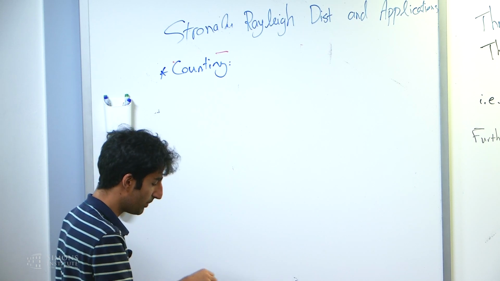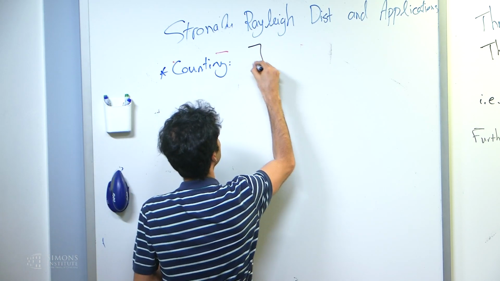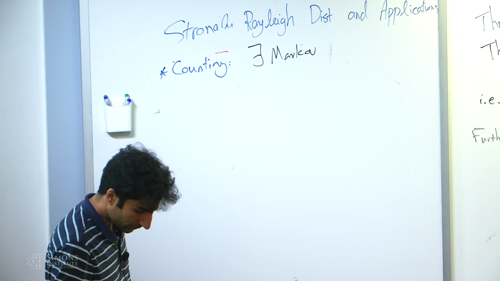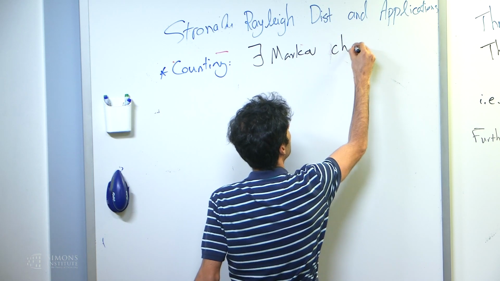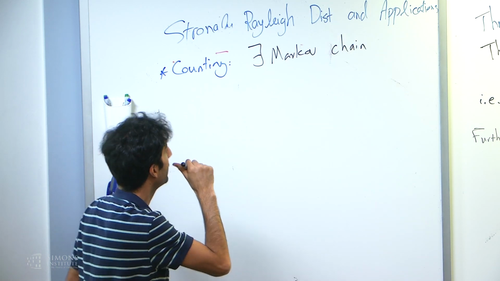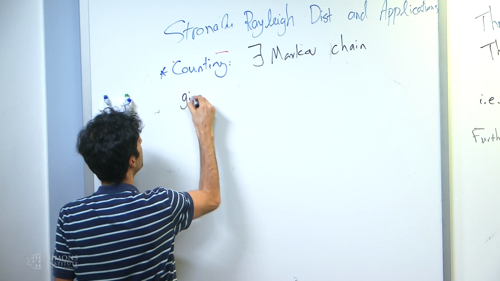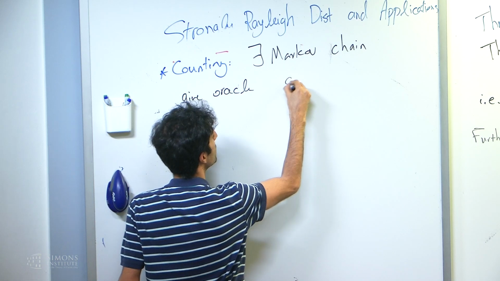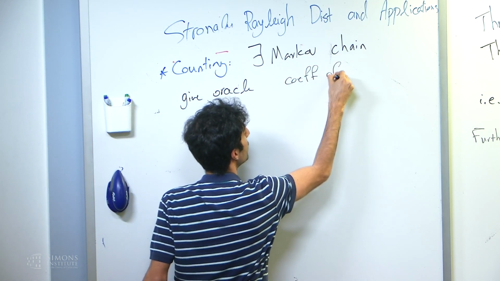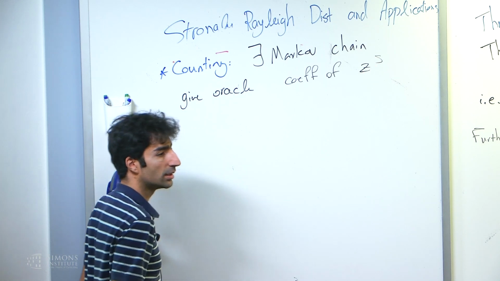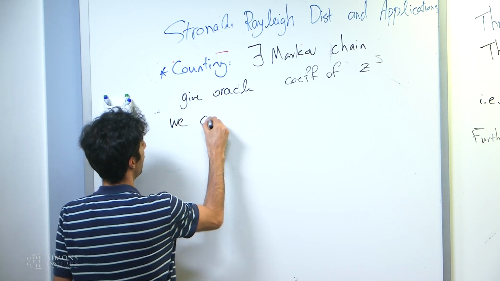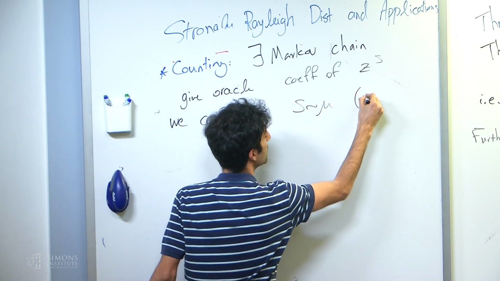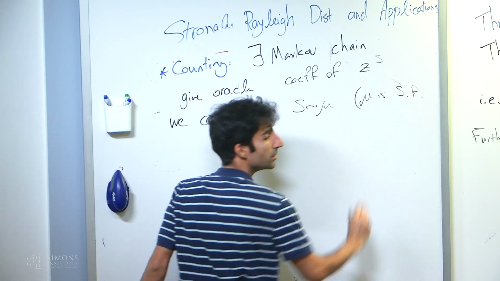So I didn't talk about it, but there exists a Markov chain. It's a simple Markov chain. It's basically just the Metropolis rule: given an oracle for the coefficient of every monomial, say z to the S, we can generate S from mu, where mu is a strong Rayleigh distribution.